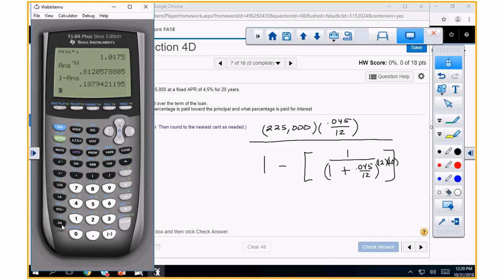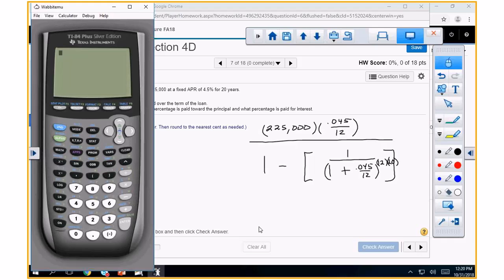Let's do the top. We can do that one, right? 0.045. Everybody can do that one, right? Divided by 12, multiplied by 225,000, equals. I got 843.75. What'd y'all get? Store it to alpha N. All right, clear?